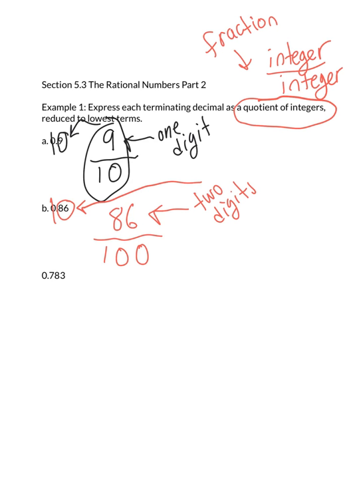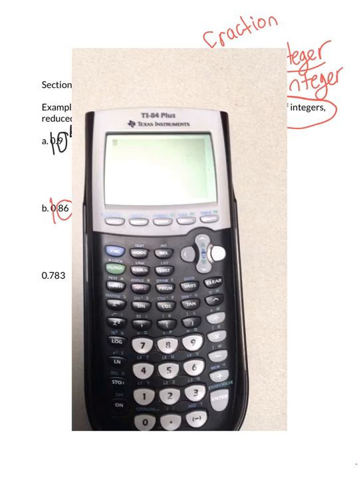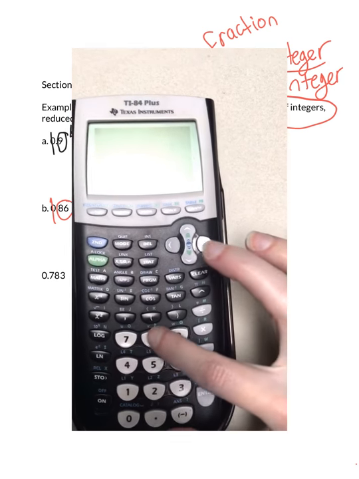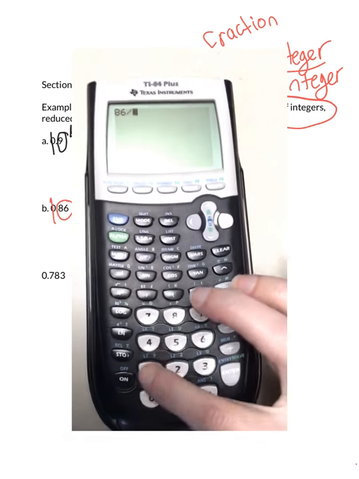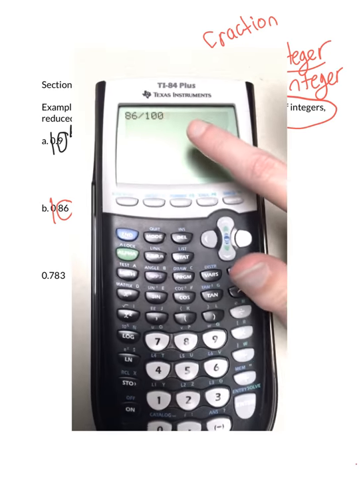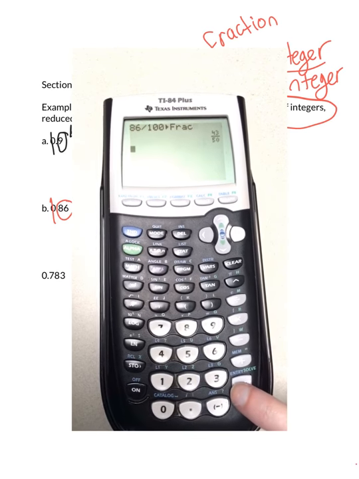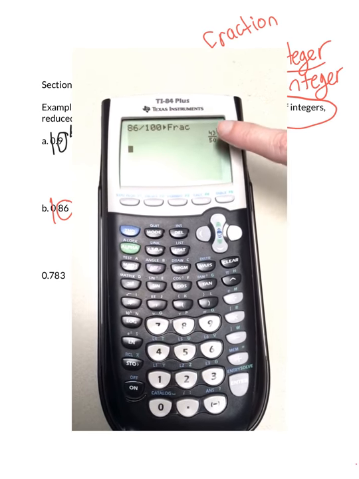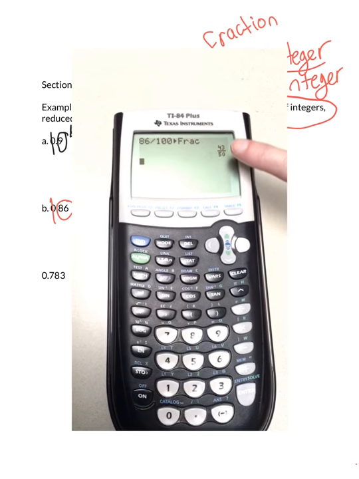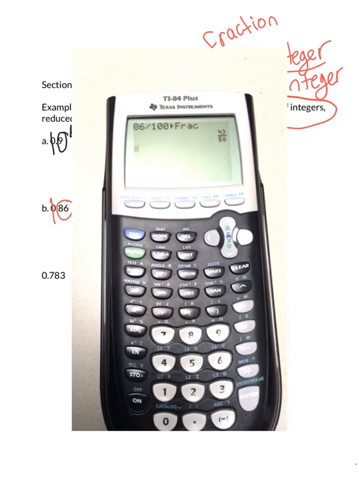I'm going to reduce it on the calculator. Typing it in, 86 divided by 100, math button, enter twice, and the reduced fraction answer is 43 over 50.